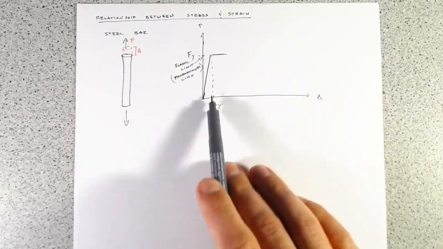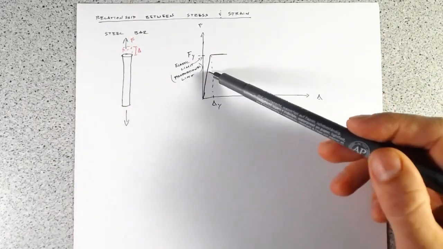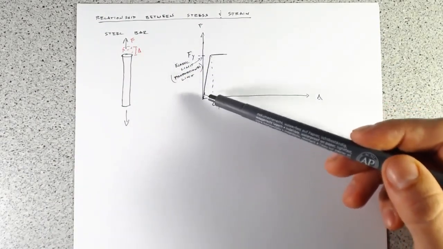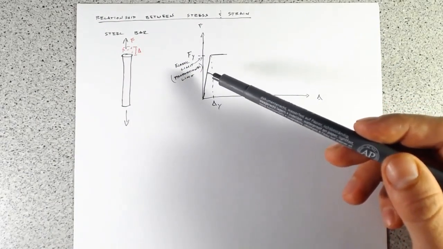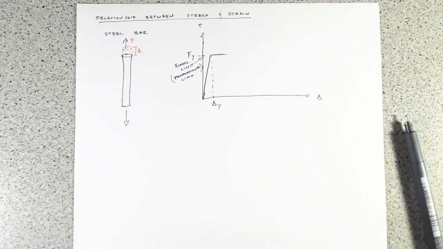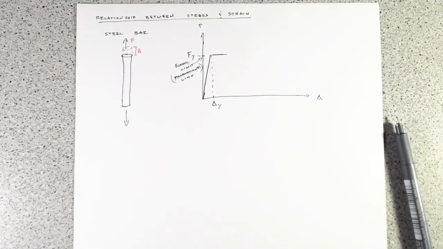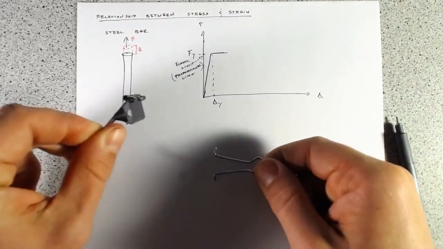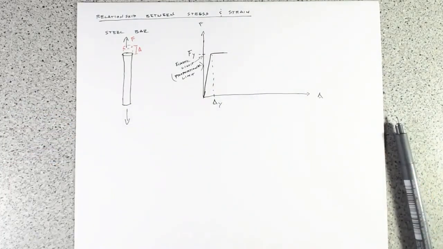Now let's say before we go too far, as we load up and down this section, our material, if we unload it, comes back to zero. It comes back to its original piece. And so I've got this binder clip portion, this guy here.